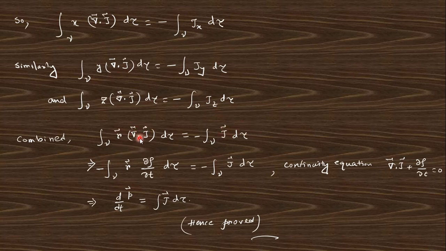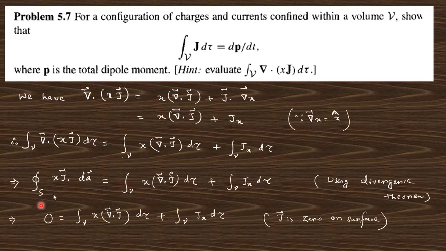From the continuity equation we can put divergence of J equals minus del rho by del t. Now you can see here that rho d tau, the volume integration, is charge into distance, which is nothing but the dipole moment. So this is dp by dt, and this is nothing but integral of J d tau, the minus cancels out. I think this derivation is clear.